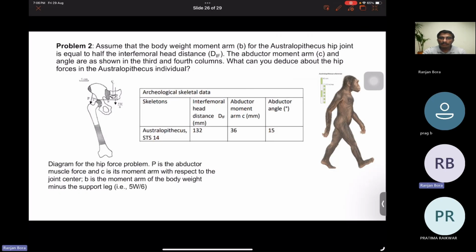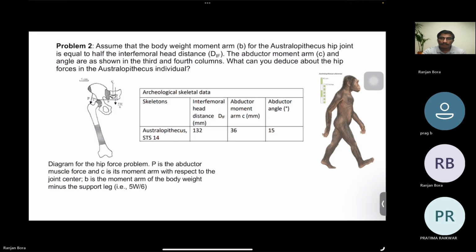It's related to what I have discussed today. Do you have any doubt? Or is it clear to you what I have discussed up till now? Okay, yeah, that's good.